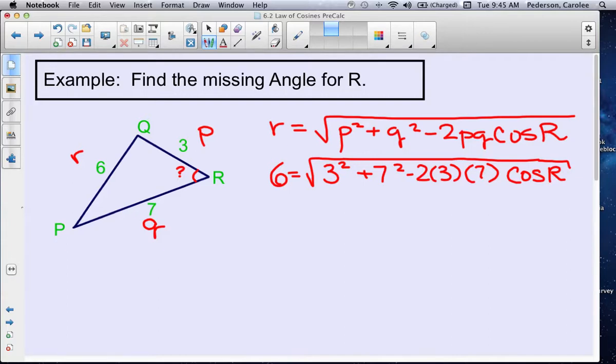Pull out the 3 and the 7? Or simplify it? Simplify it, okay. So 3 times 3, 9. 7 times 7, 49. And then maybe multiply the negative 2, 3, and 7 together. Negative 42.